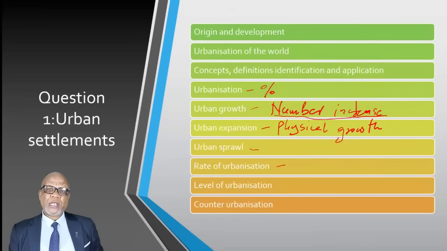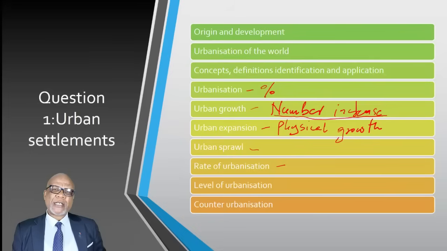So the rate of urbanization in poor countries is high. But when you're looking at rich countries, the quality of life in rural areas is not so bad, so not many people are trying to move out of rural areas. So the rate is low.